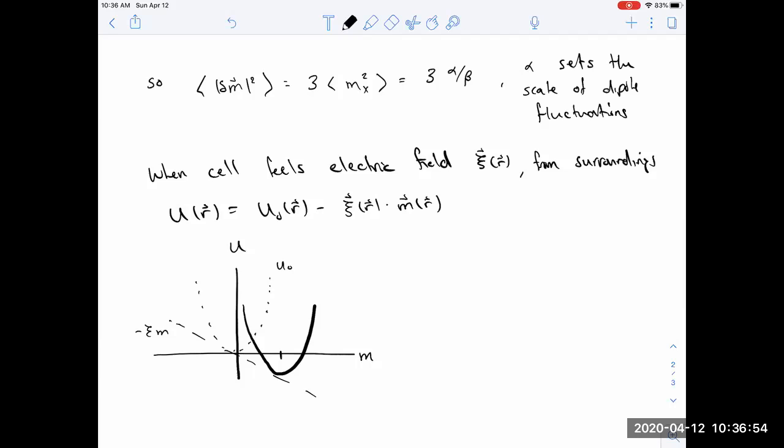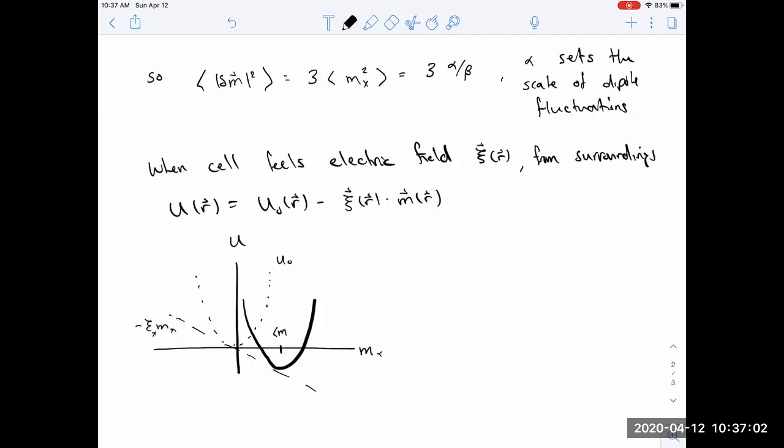And so now, instead of, say, looking at just the x component of these quantities, instead of having a minima at 0, I now have a minima at some finite value. So now, say the x component of that dipole on average would no longer be 0, but would lie at the minimum of this new function u.